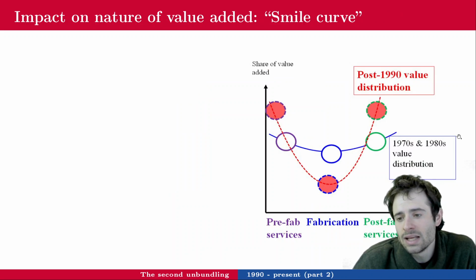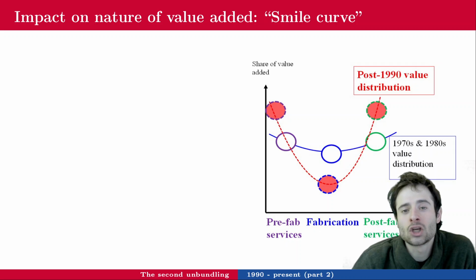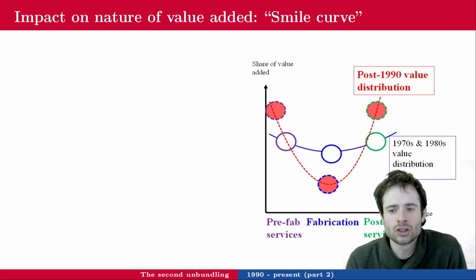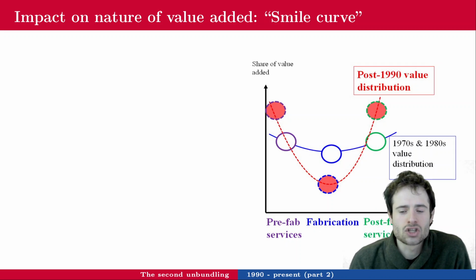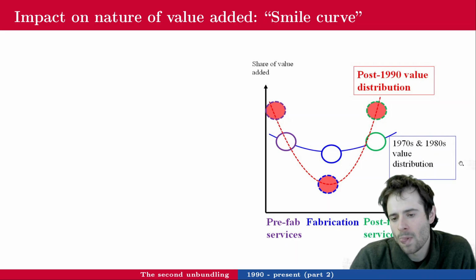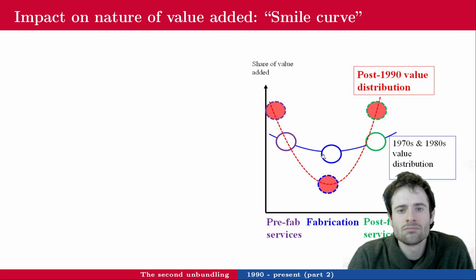So the idea is that with the second unbundling, the share of value added that goes to each sector in the production of a good changed. Before 1990, so in the 70s and 1980s, the share of each sector was roughly equal. Fabrication was actually a bit lower because the manufacturing was already standardized.